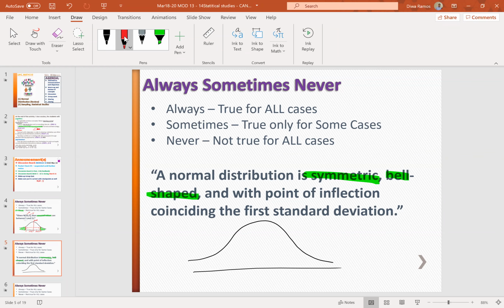I think that is a yes, pretty much what the normal distribution is. This is the unusual portion here. With a point of inflection that matches the first standard deviation: if this is the mean and this is the first standard deviation, there is a point there. So it matches.